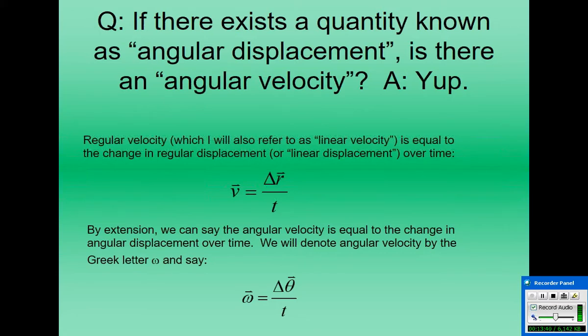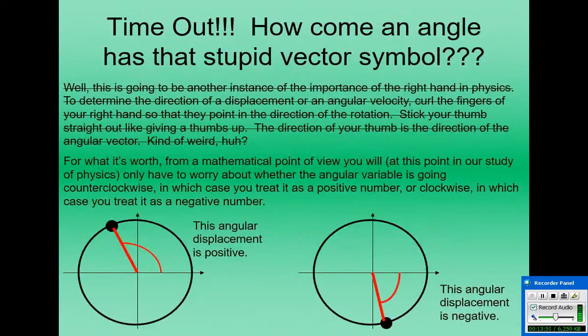Angular velocity is denoted by that curly W, which is actually the lowercase Greek letter omega. You're going to hear me refer to it as omega, not W. Be very careful. Now, we saw the angle represented with a vector symbol, and that can lead to an uncomfortable and confusing conversation.